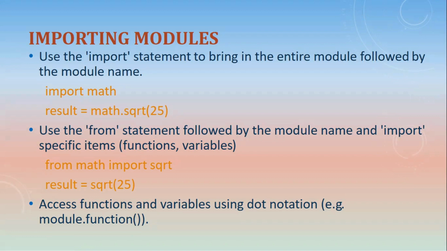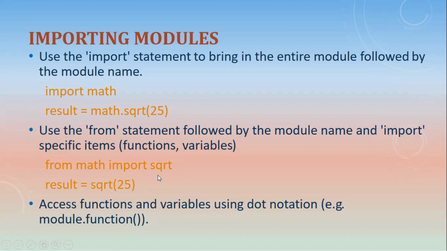Another way is when you don't want to import the whole module, but only some specific items of that module. For example, some functions or some variables of that module you want to import in your program. You don't want the whole module. So what you will do is use the from statement. You'll write from math, which is the module name, import, and then you mention the function that you want to import.